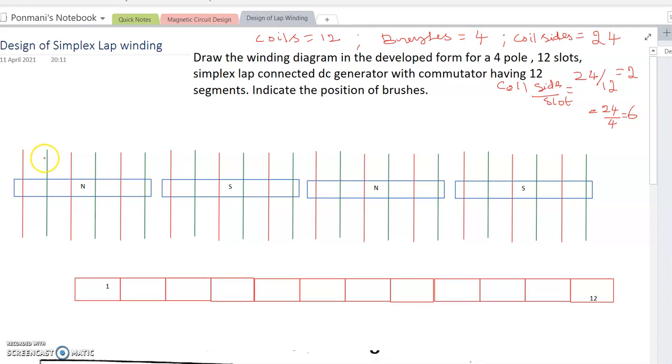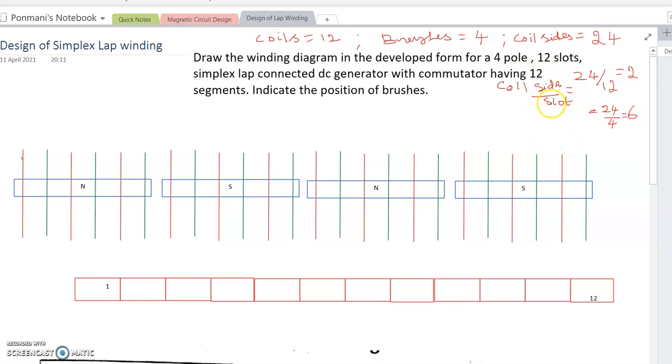Like that there are 12 slots, 24 coil sides. So first we are drawing the coil sides: top coil side, bottom coil side, top coil side, bottom coil side. Like that it is numbered from 1 to 24 for 24 coil sides, 12 slots.